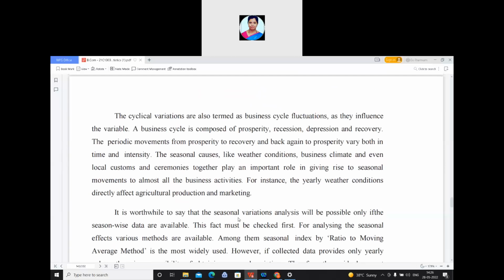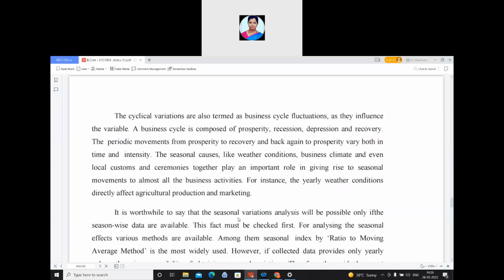So here we are entering into the components of time series. The first one is secular trend, then cyclical variation, seasonal variation, and irregular variation.